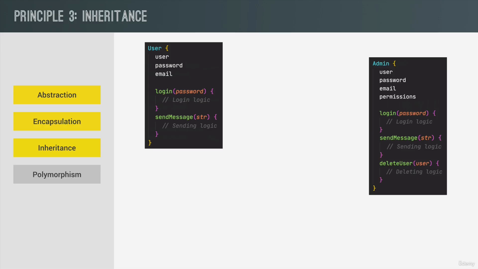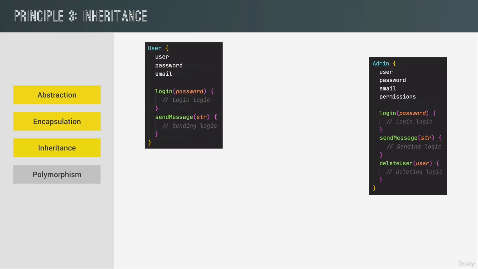So an admin also needs a password and an email, and he also needs to log in, for example. However, if we design our classes like this, so as two separate identities, we will end up with a lot of duplicate code. And we already know that that's bad, right? But well, that's where inheritance comes into play.